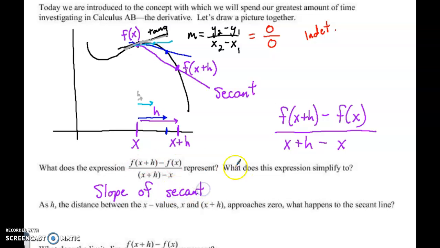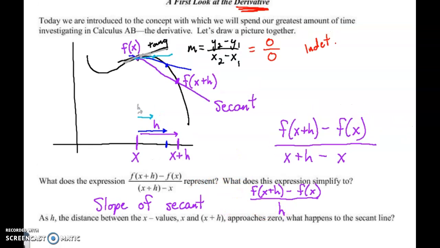Well, we can then simplify that because x minus x would cancel, and we're just left with f of x plus h minus f of x all over h. So the premise is the smaller the h gets, the closer and closer we get to the tangent line.